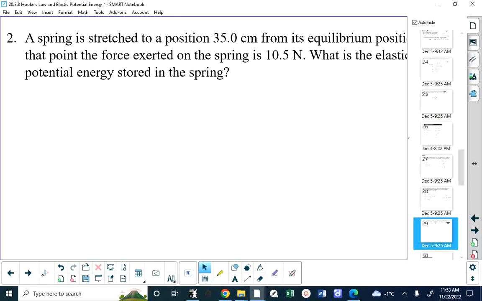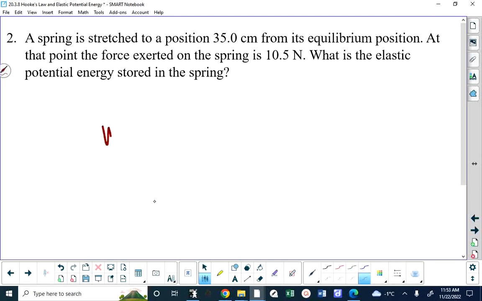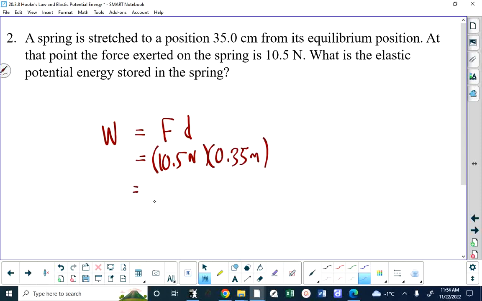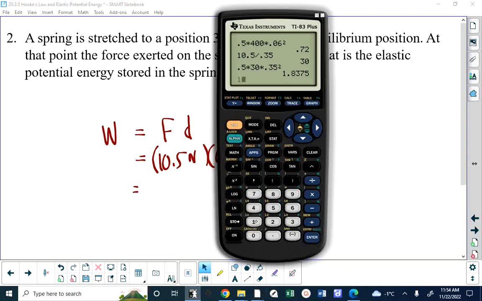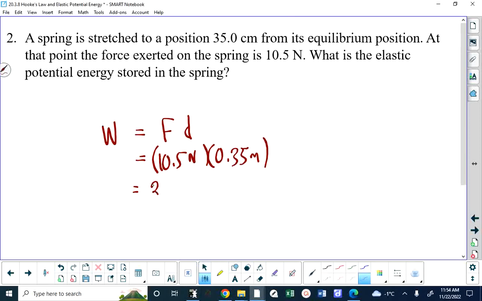We know the answer is 1.8 joules, correct? This other person says, well, but work is force times displacement, and the force is 10.5 newtons, and the displacement is 0.35 meters, and they work that out. Now, what do they get? Well, they get 3.675 joules, which is wrong.